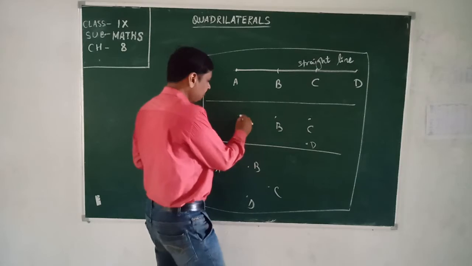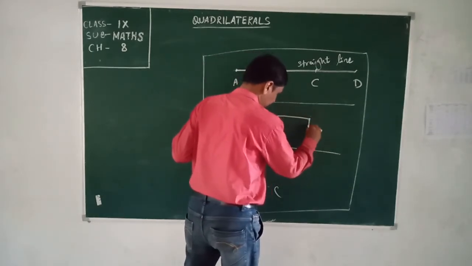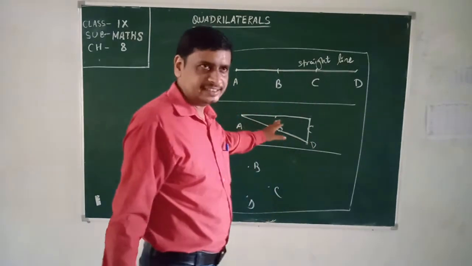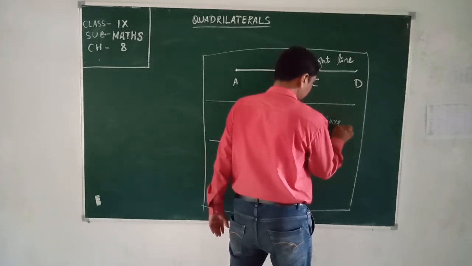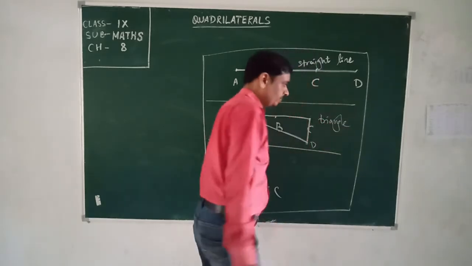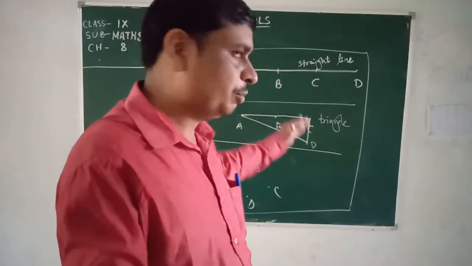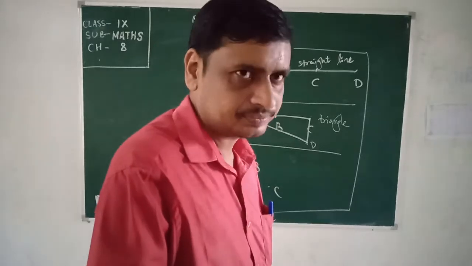If we join them, we will get a triangle. When any 3 points are collinear, then we will get a triangle.